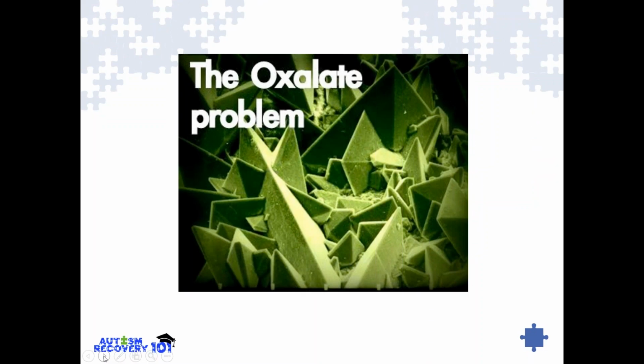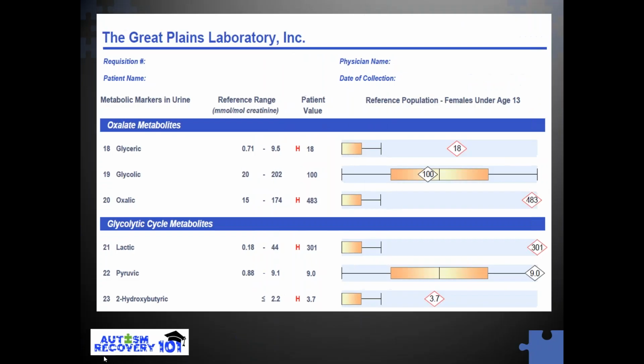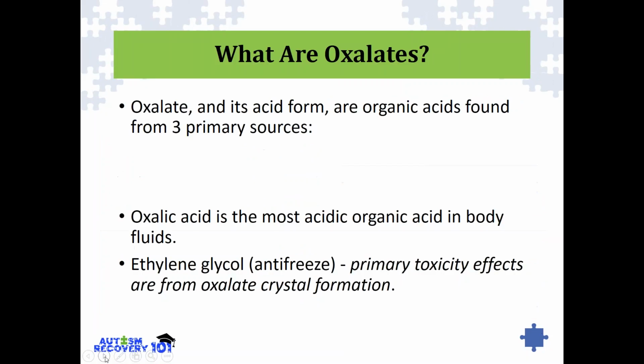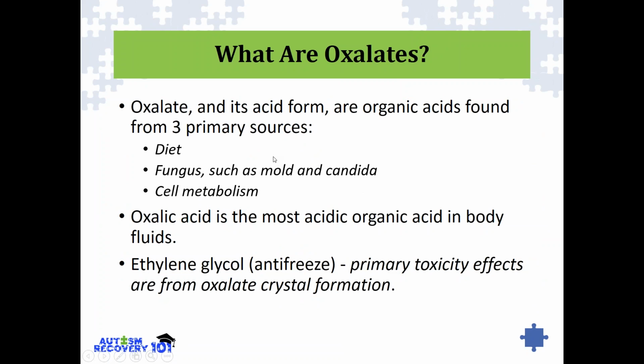Okay, let's switch over to the oxalate problem. On the organic acid test, remember this is page 2, first section of page 2 at the top, is oxalic or oxalate. And oxalates, or its acid form, oxalic, are organic acids that are found in 3 primary sources.